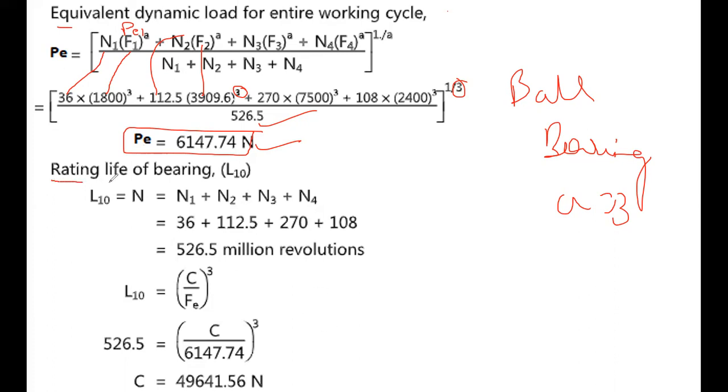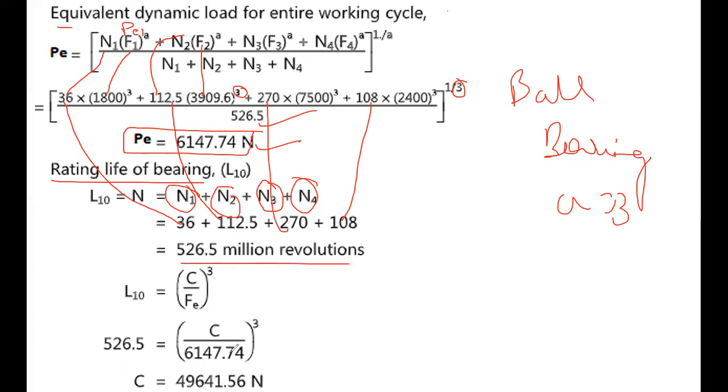They have told us to find out the rating life of bearing L10, which will be the addition of N1, N2, N3, N4, which is 36, 11, 2.5, 270, 108. So it turns out to be 526.5 million revolutions. This 526.5 is L10.